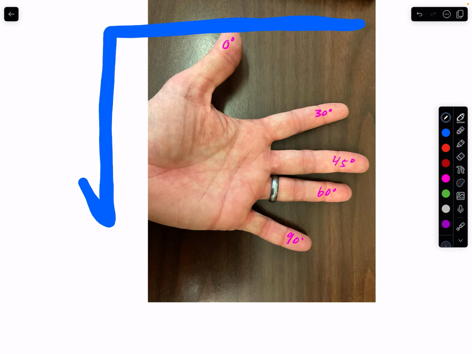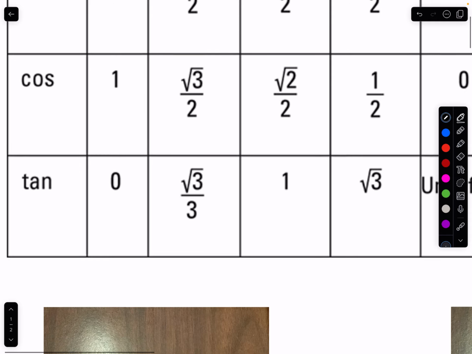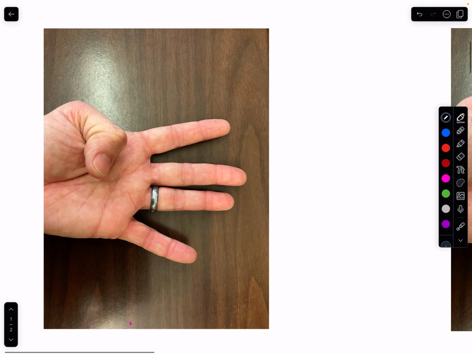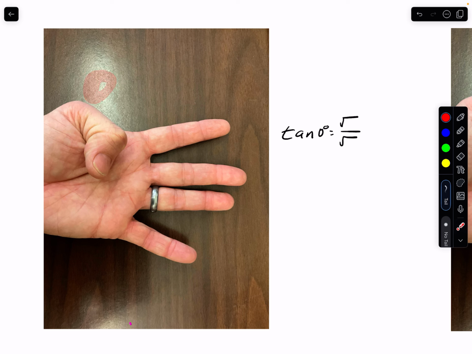So the first thing we want to look at is 0 degrees. The tangent of 0 degrees is 0. If I'm going to find out what is the tangent of 0 degrees, you're going to say it's equal to the square root of 0, because if you notice here, there are 0 digits up.